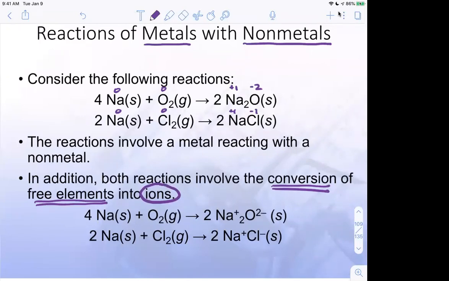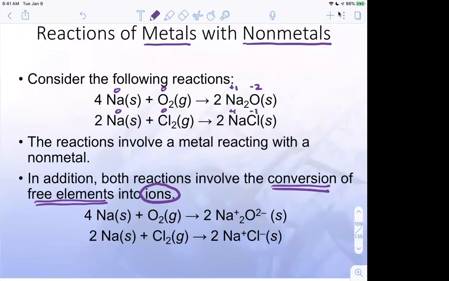Sodium element goes to sodium +1. Oxygen elemental molecular species goes from 0 to -2. Chlorine molecular elemental species, diatomic, goes from 0 to -1. So basically, I have sodium losing an electron and oxygen gaining an electron.